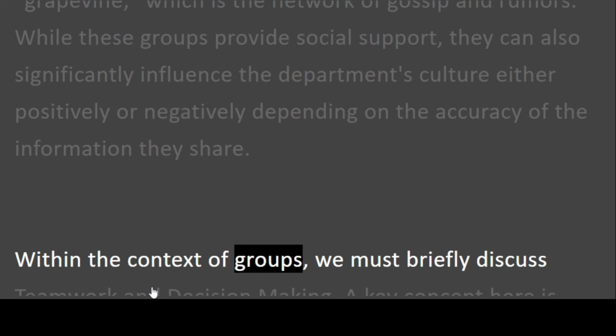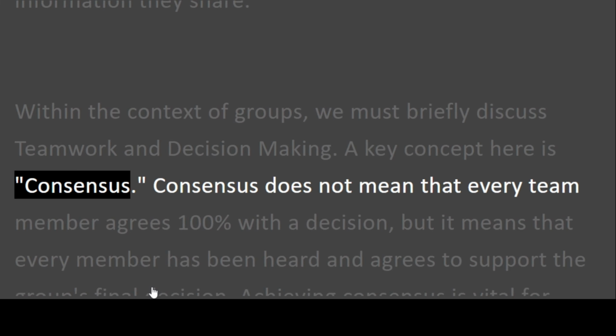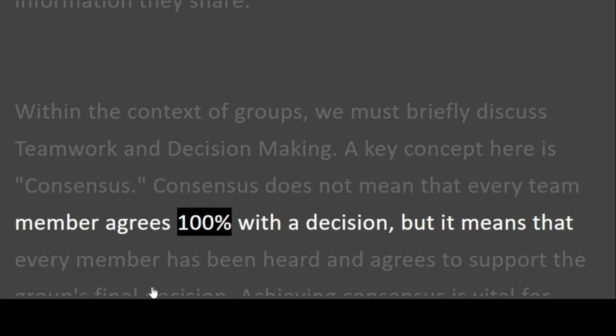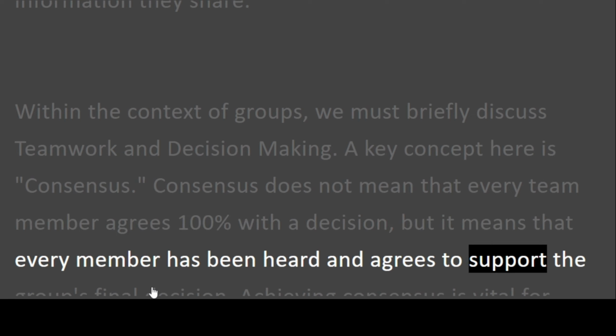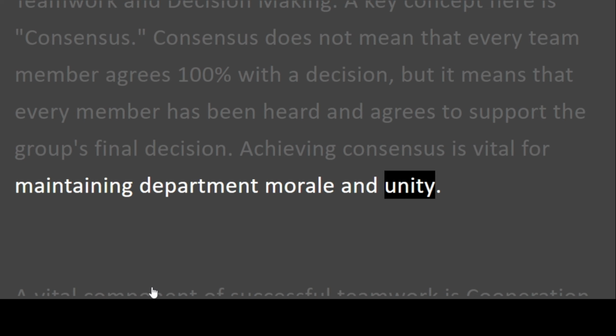Within the context of groups, we must briefly discuss teamwork and decision-making. A key concept here is consensus. Consensus does not mean that every team member agrees 100% with a decision, but it means that every member has been heard and agrees to support the group's final decision. Achieving consensus is vital for maintaining department morale and unity.